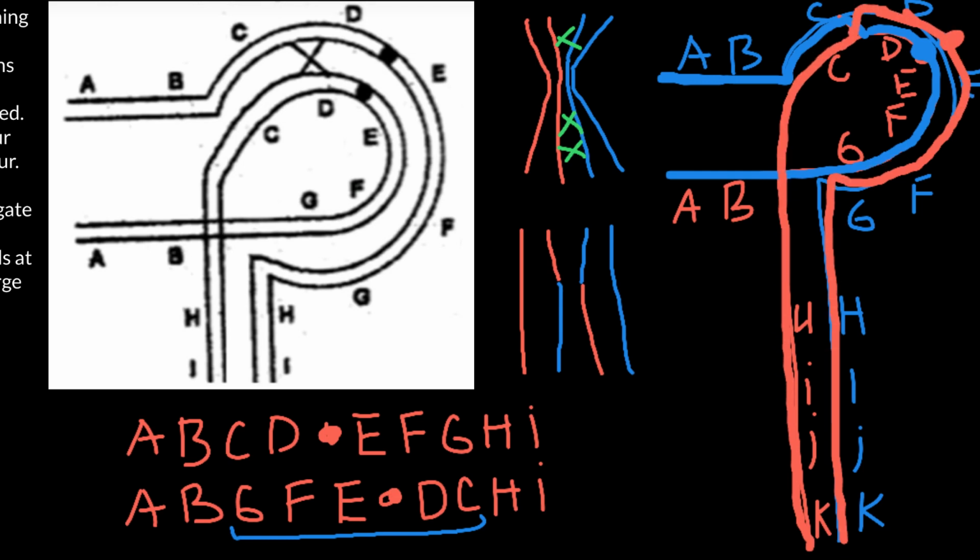And basically what we have now is one short arm present in two copies. So one chromosome would have two short arms, but another chromosome after separation would have two long arms.